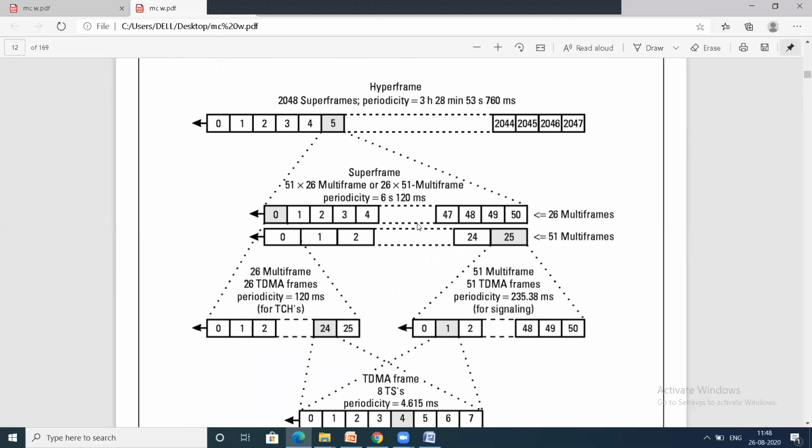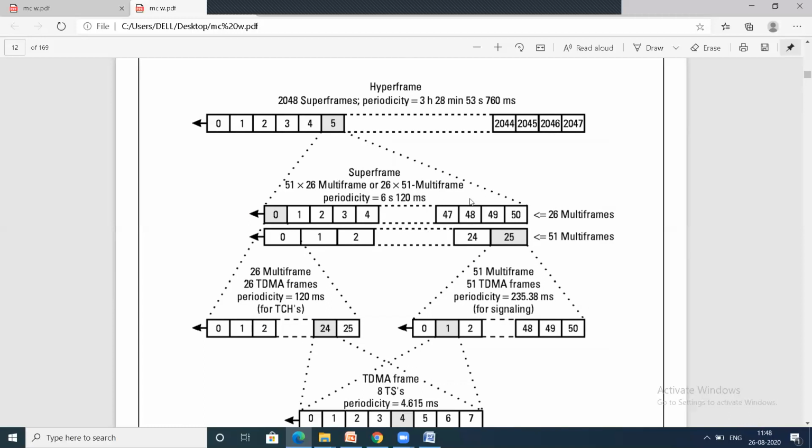This diagram shows the GSM frame hierarchy. Here the TDMA frame contains 8 time slots, and the 26 multi-frame contains 26 TDMA frames. The 51 multi-frame contains 51 TDMA frames. These two are combined to form a super frame, that is 51 by 26 multi-frame, or 26 by 51 multi-frame.